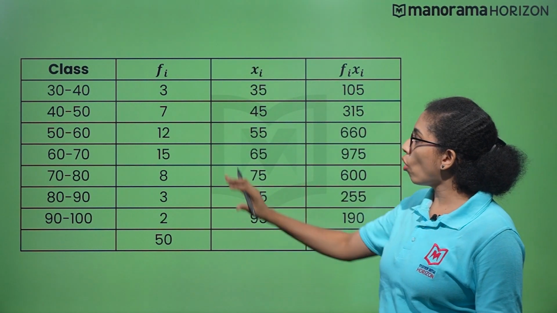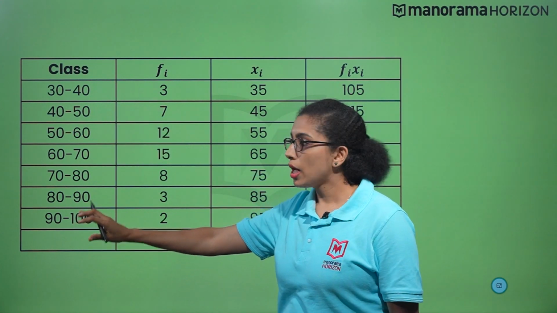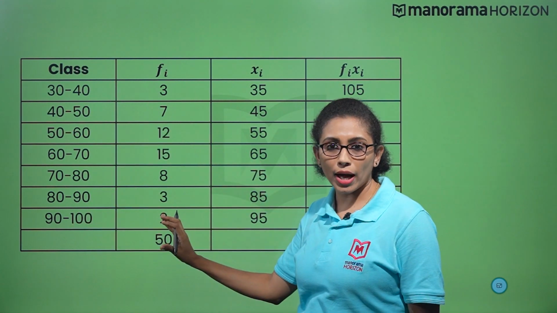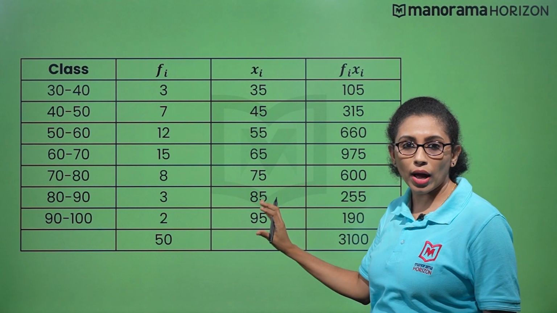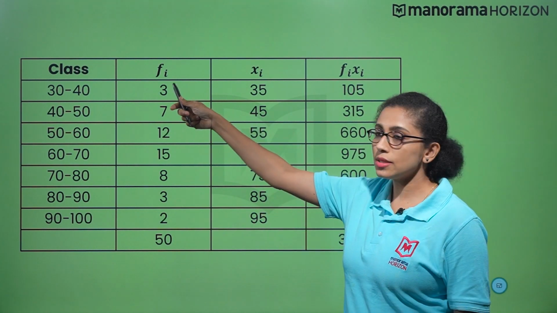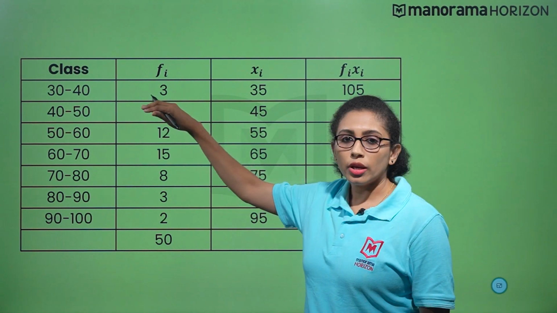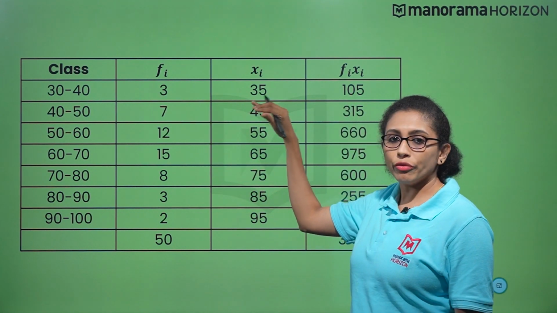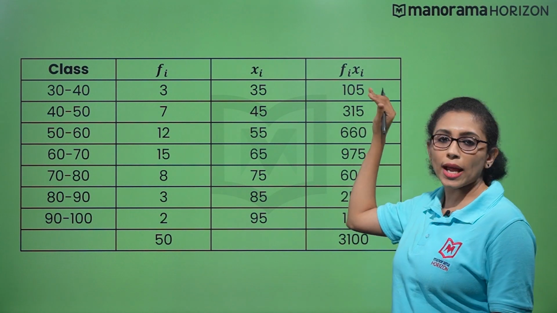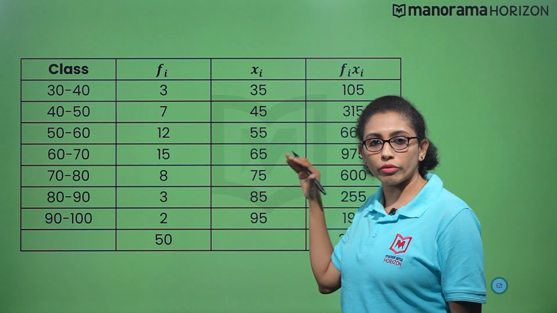We have 4 columns, one for the class interval and the other for fi values, then xi values, and the last column is to find the product, that is fi into xi. Now, for each fi and xi, we need to find fi into xi. And I have already calculated the values.